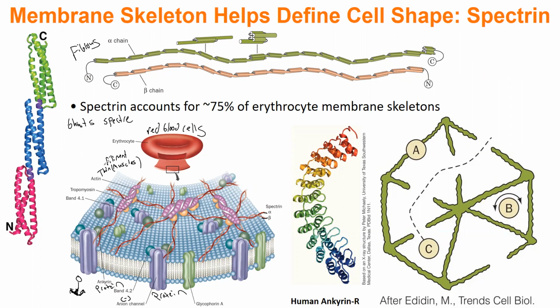Again, we talked about that in muscle contractions. But what is interesting with spectrin and ankyrin is that you get different zones of your membrane. It's almost like creating different fences.